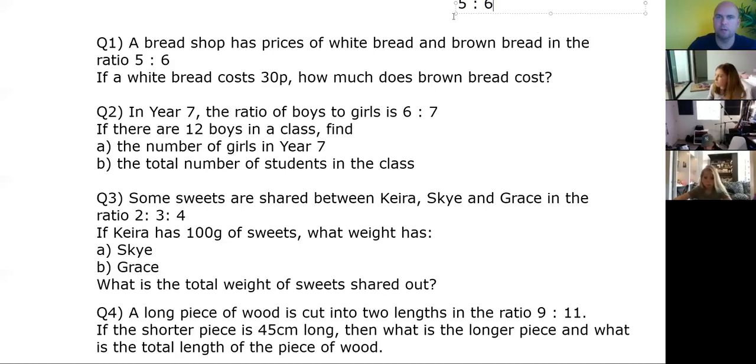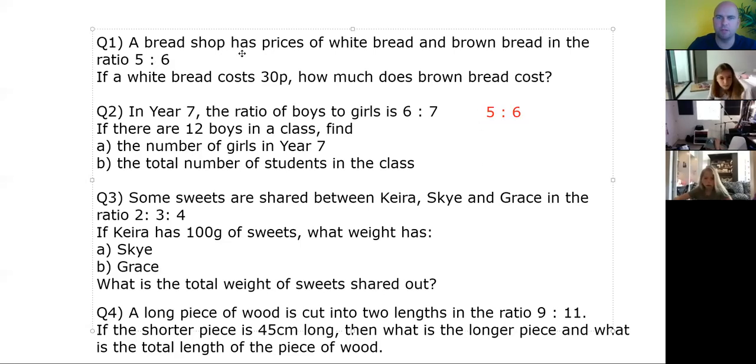Okay, and if white bread, let's do it here so you can see it and make it a different color. So if white bread is 30 pence, that's what we've got to do there. And we've got to divide it, haven't we? Got that, Sky? Yep. And then we've got to multiply the answer. So 30 divided by 5?